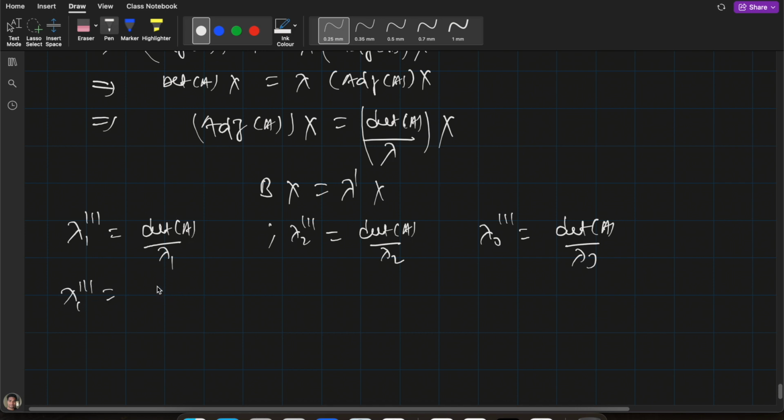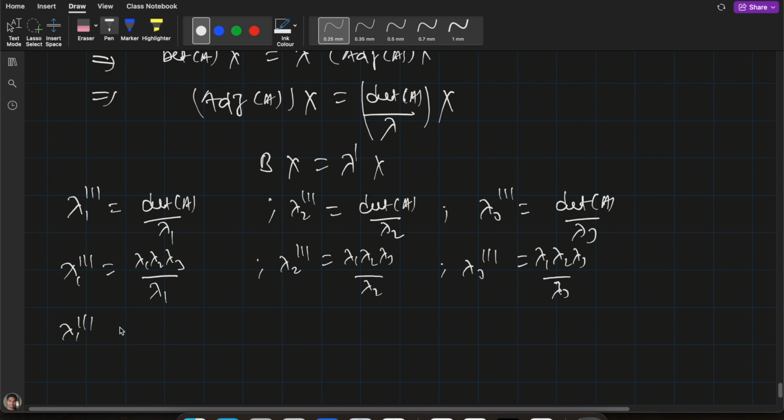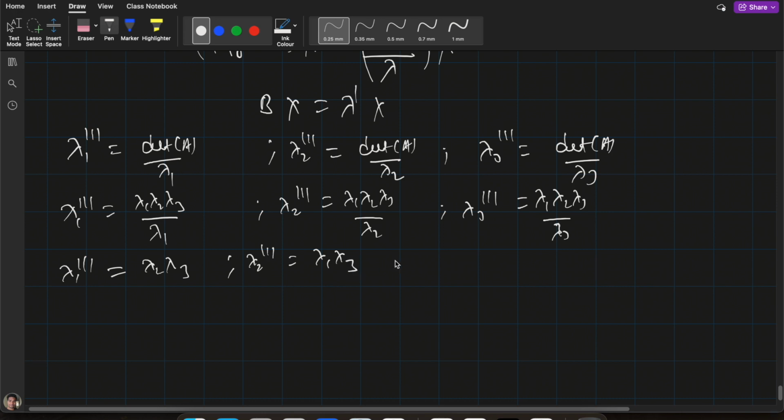What is the determinant of A? λ1 λ2 λ3. Perfect. So λ1 λ2 λ3 divided by λ1, λ1 λ2 λ3 divided by λ2, and λ1 λ2 λ3 divided by λ3. So the eigenvalues are λ2 λ3, λ1 λ3, and λ1 λ2.